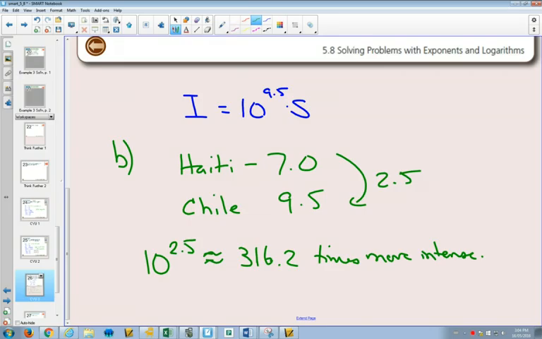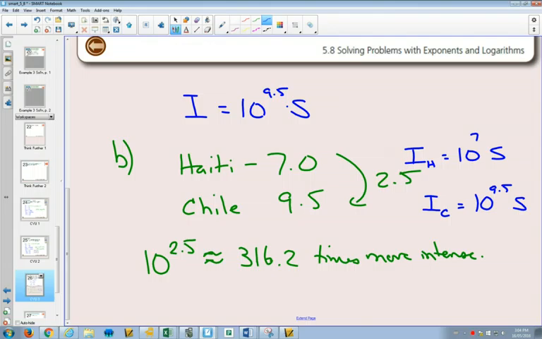Now, one of the ways that you could show this using the formula is, can you see that the intensity, we already figured out the intensity of Chile's was 10 to the 9.5 S. If you did the similar thing for Haiti, does it make sense that you would get 10 to the 7 times S?